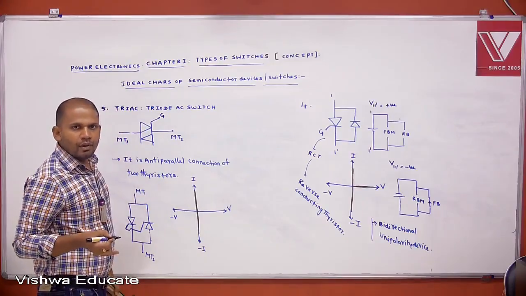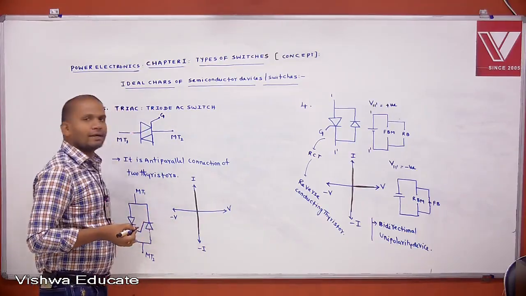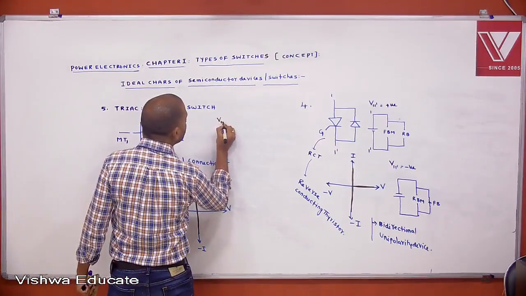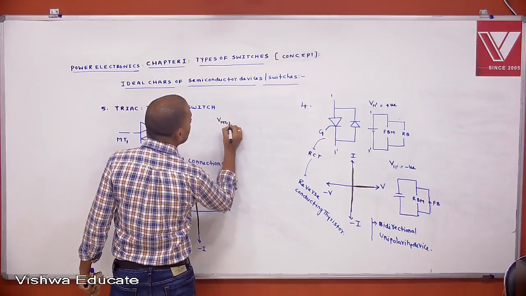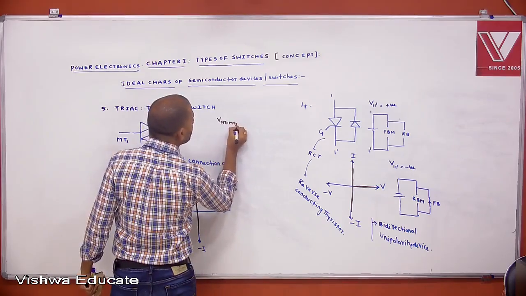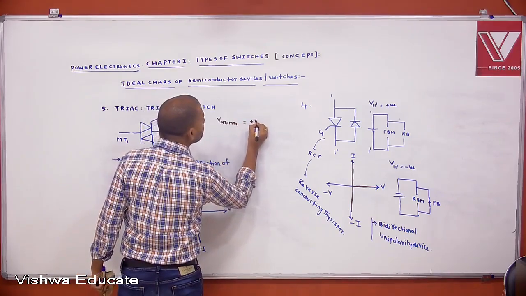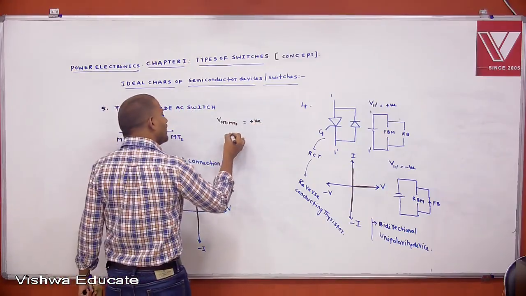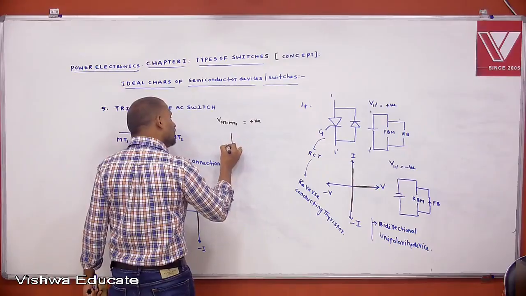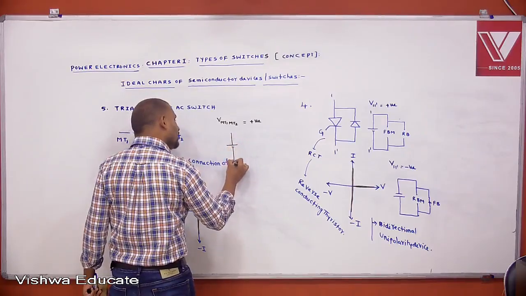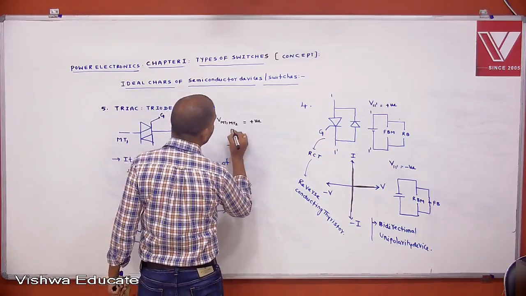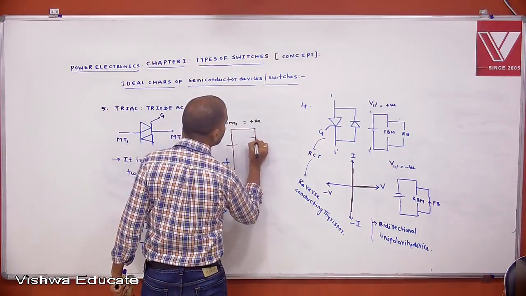Now I want to draw the voltage characteristics. Tell me, if VMT1,MT2 is positive, meaning MT1 is connected to the positive plate and MT2 is connected to the negative plate, then what happens in the equivalent circuit?